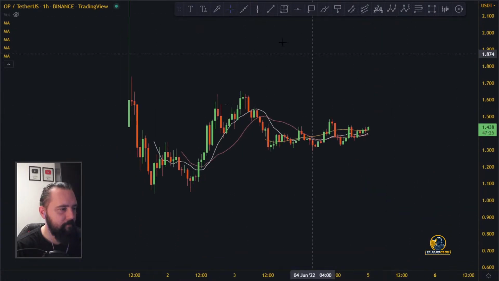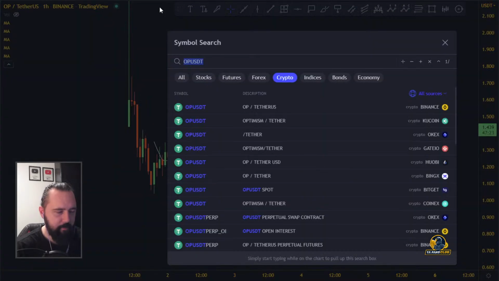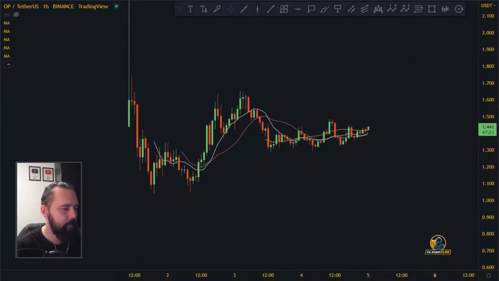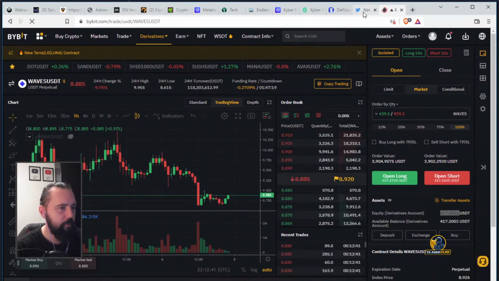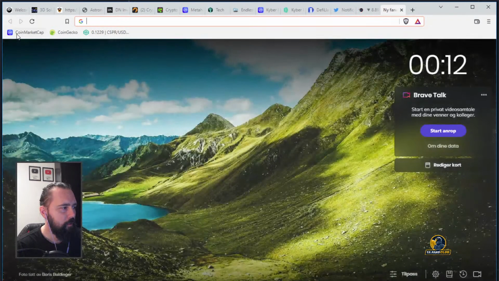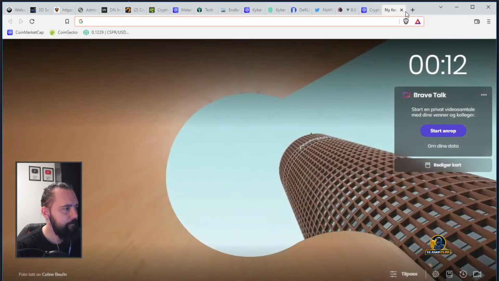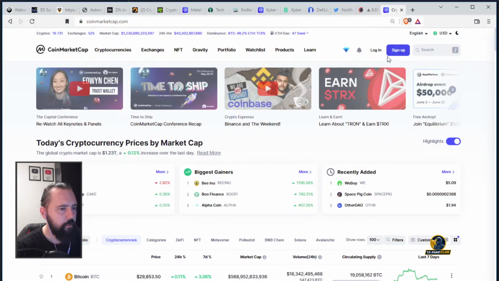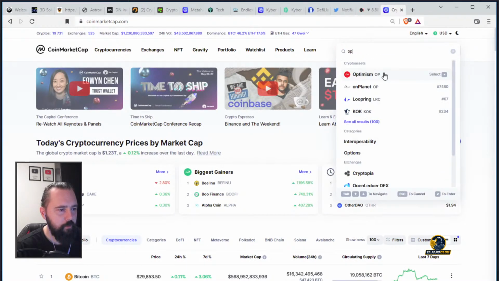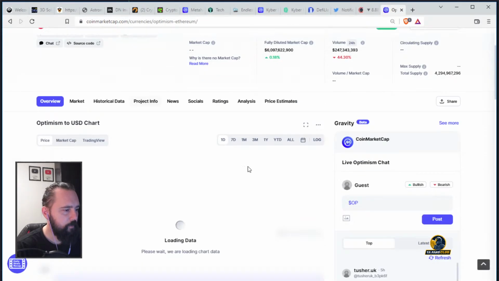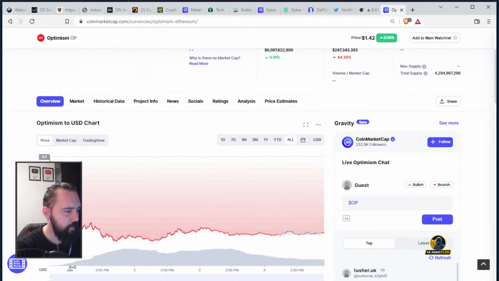And is there a bigger Optimism chart? Let's find out. Optimism chart, so let's see all trades.